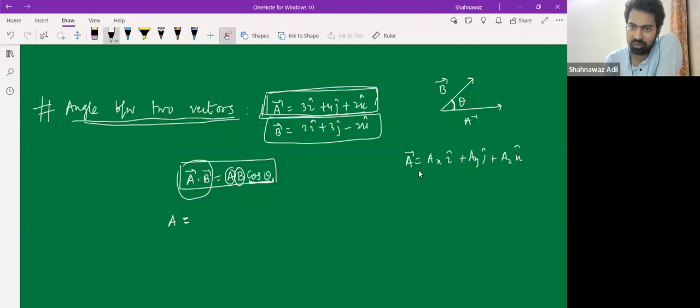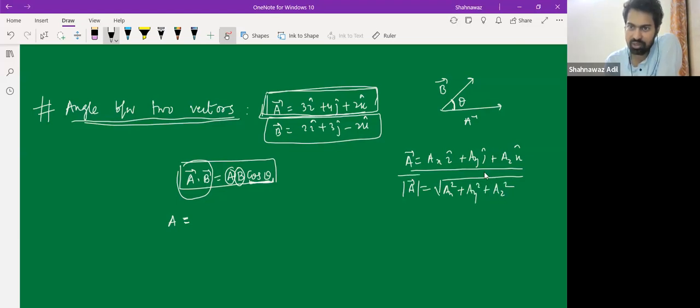So what is the magnitude of this vector? Let me write it. Under root ax square plus ay square plus az square.